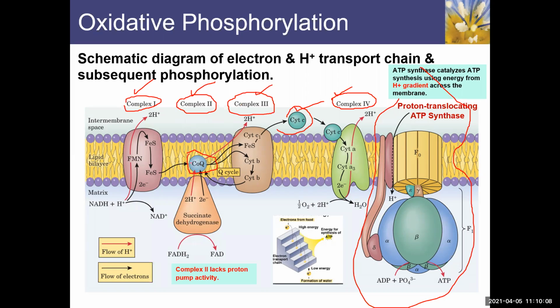COQ is present between complex 1 and complex 3, and cytochrome C is present between complex 3 and complex 4. Their function is to transfer the electrons between the complexes because they can move here and there. Nobody is going to stop them because both of them are hydrophobic in nature.